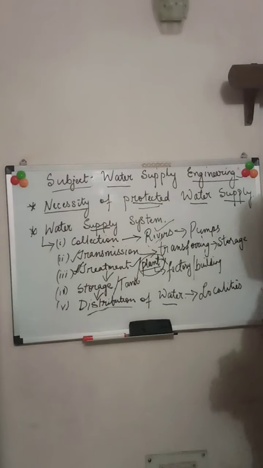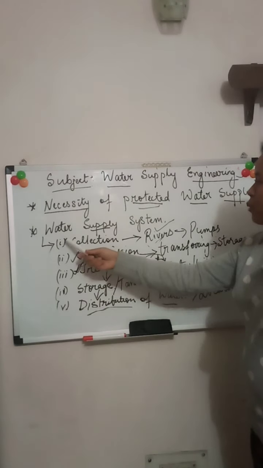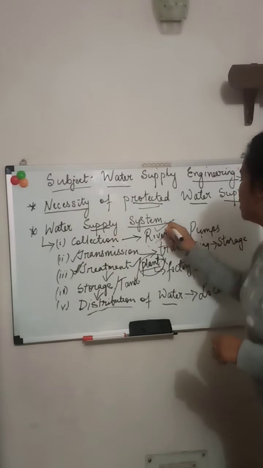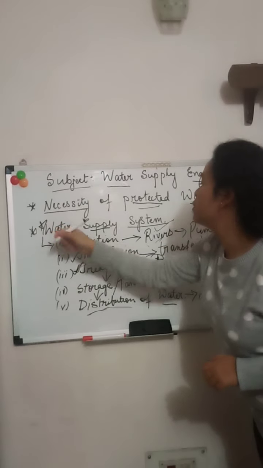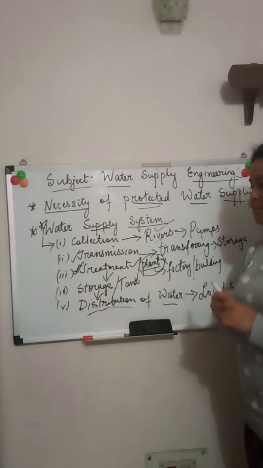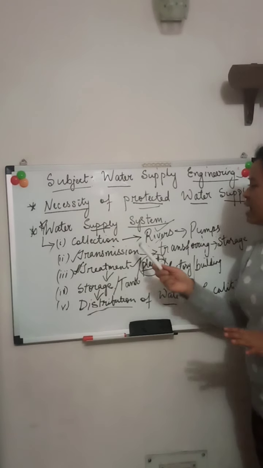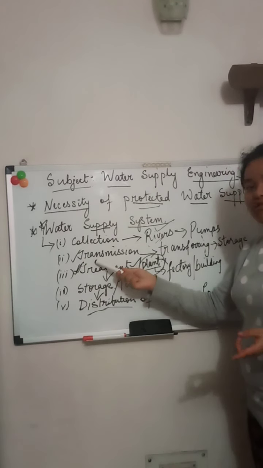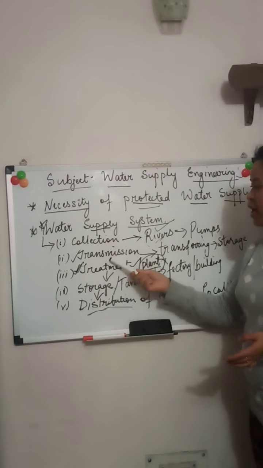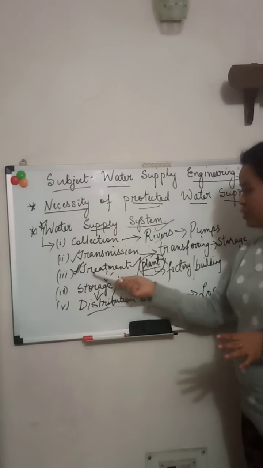This is very important. In the water supply system, the first step is to collect the water, which can be from any source. Then you have to transmit that water from that source to the treatment plant.